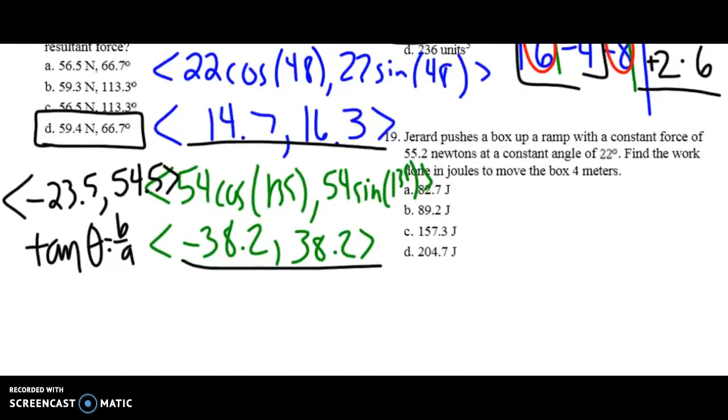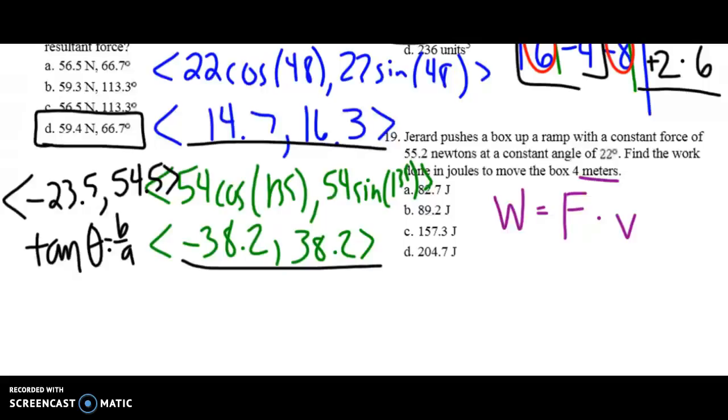Number 13, Jared pushes a box up a ramp with a constant force of 55.2 newtons at a constant angle of 22 degrees. Find the work done in joules to move the box 4 meters. So the easiest way to do this is to say that our work is actually the force times the vector in which it moves, which is 4 meters in the x direction.